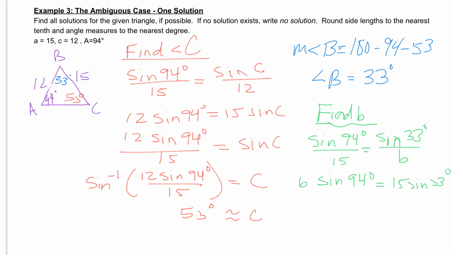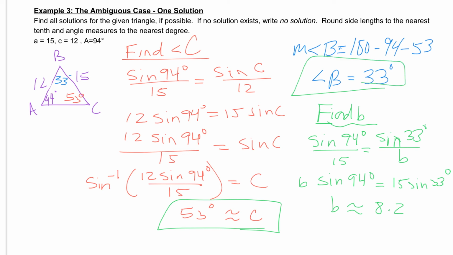And then we'll just divide both sides by the sine of 94 degrees. Again, try that on your calculator, see if your answer matches up. If it does, you should get b to be approximately 8.2. So we have angle C 53 degrees, angle B 33 degrees, and side b is 8.2.